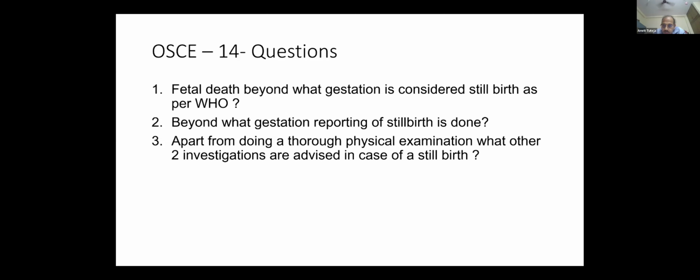And apart from a thorough physical examination, what other investigations do you want to do if a stillbirth has happened? First is 28 weeks, 28 weeks. 24, 28.